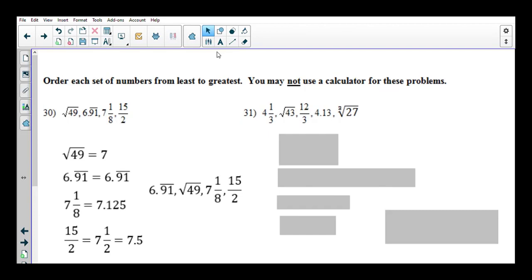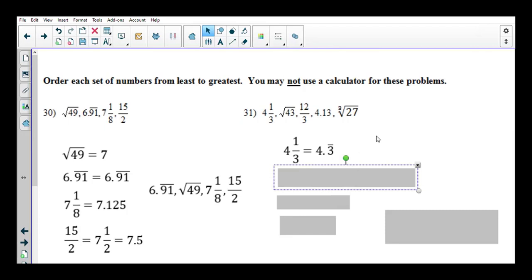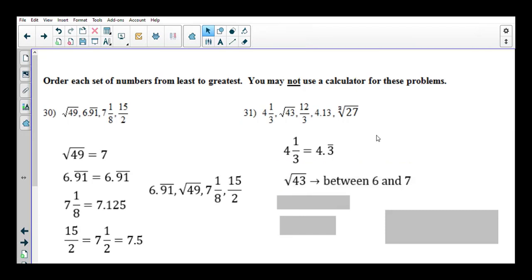All right, let's give number 31 a try. 4 1/3, hopefully you have this memorized. Again, there's some decimals you really should memorize, some fraction decimal conversions. That's 4.3 repeating. Now the square root of 43, I don't know what that is, but I know that it's between 6 and 7, since 43 is not a perfect square.